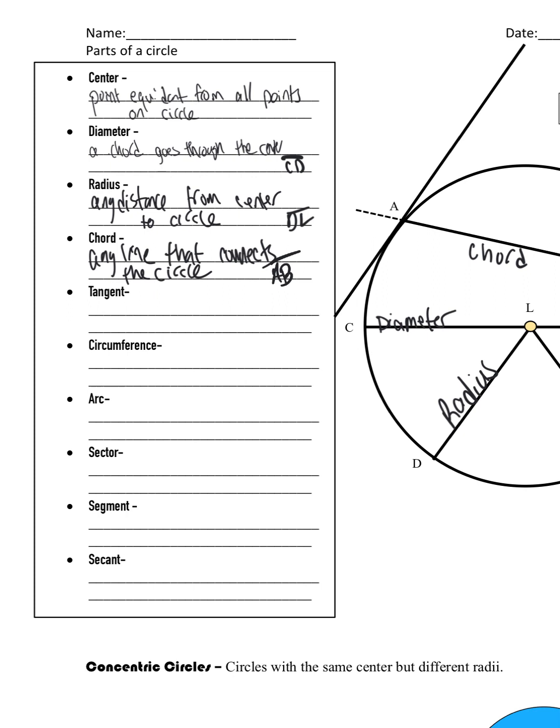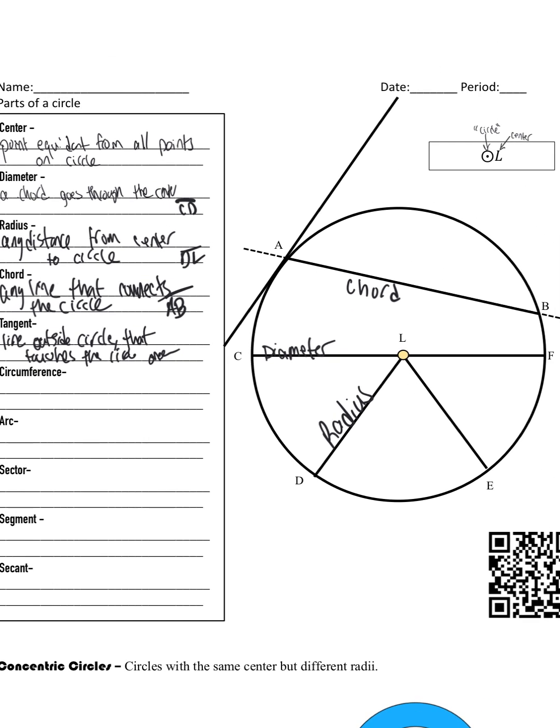Now a tangent is a line outside the circle that touches it once. It touches the circle once. So there's only one tangent in my diagram here, and that would be this line right here, the tangent line.